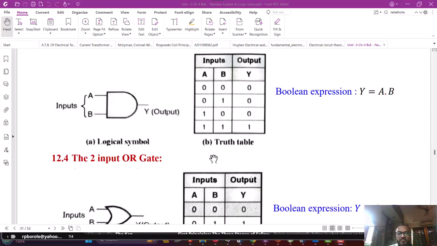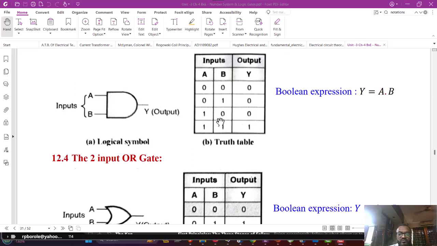The truth table of the AND gate with two inputs is shown here. A and B are the input columns and Y is the output. When A equal to 0 and B equal to 0, then Y is equal to A and B, equal to 0. When A equal to 0, B equal to 1, output is again 0.